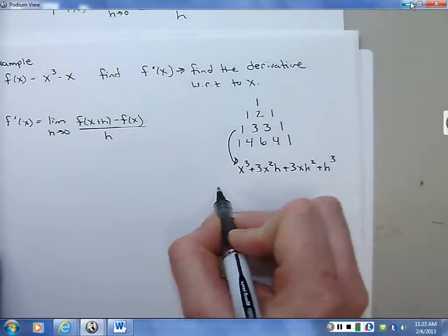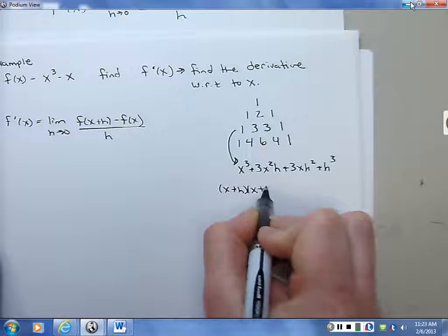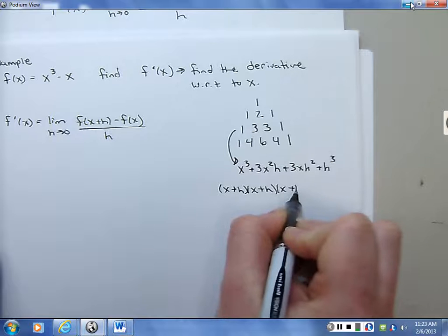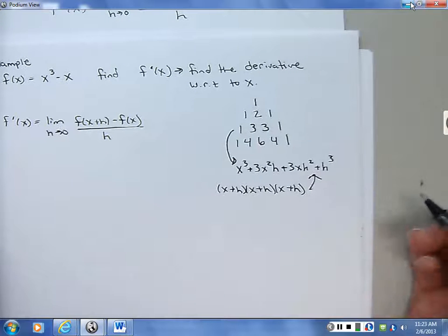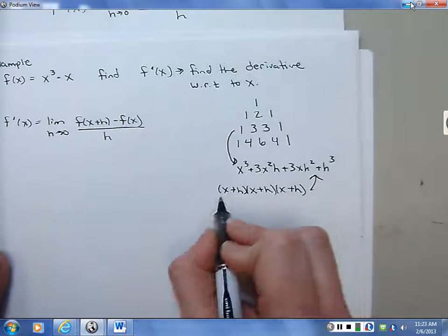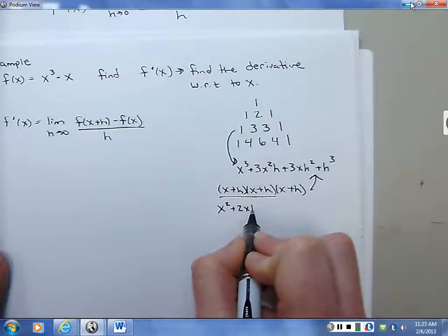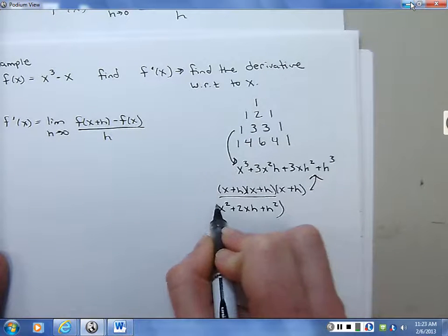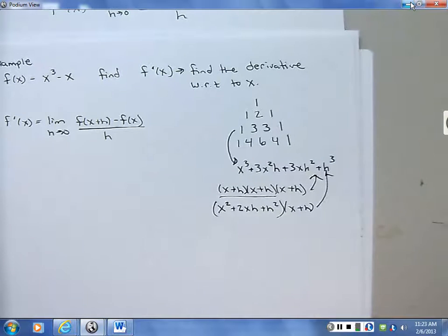You could cube it out yourself. If I have x plus h times x plus h times x plus h, I'm going to get the same thing here, right? If I square this term, I have x squared plus 2xh plus h squared. Then if I multiply it by x plus h again, I get what I have up there.